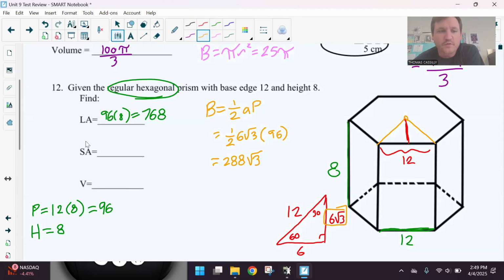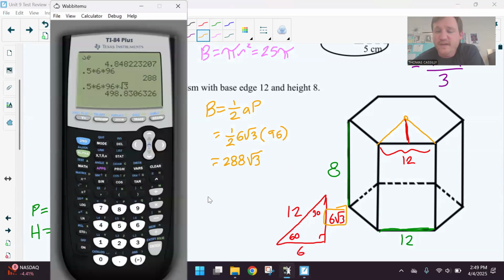And what we know for the surface area is you have to double the base. So again, I'm just going to double the 288. I'm not going to add the square root of 3 on there. So I'm going to do 288 times 2, and that's 576. And now that number, that's where I'm going to throw the square root of 3.